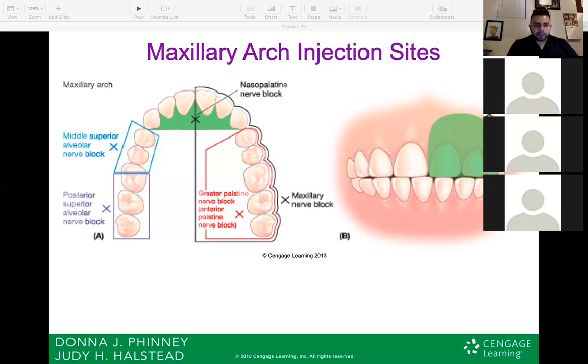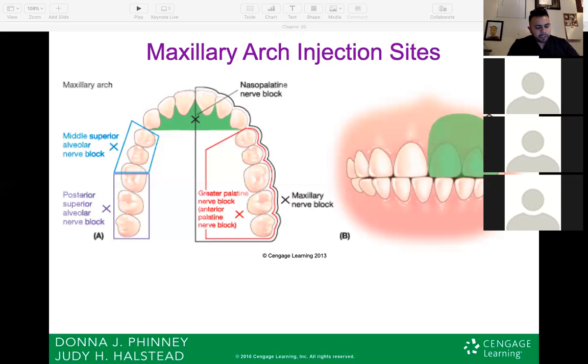The posterior superior alveolar nerve block is right in that mucobuccal fold. That's right on the apex of that second molar. The nasopalatine nerve block is, if you remember where that palatine foramen is, right on the apex of those two central incisors.